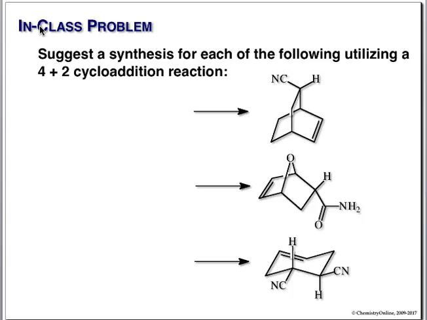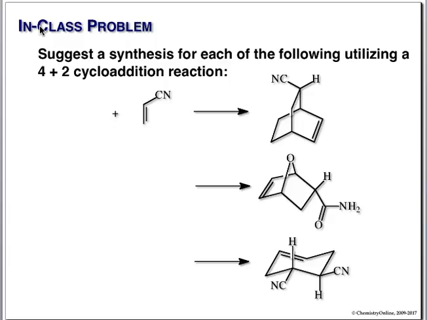We want to go around the ring this way and identify these two carbons as our dienophile. So the bonds that we made were those. The top two carbons are our dienophile. So we have a nitrile on one carbon, just hydrogens on the other, and it looks like that.